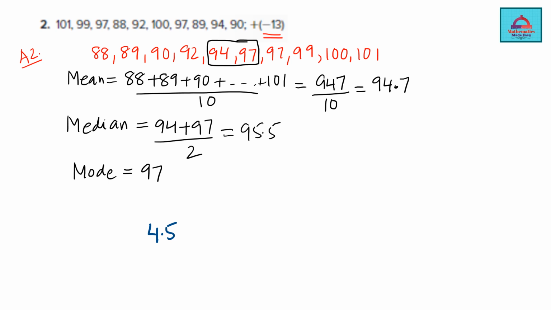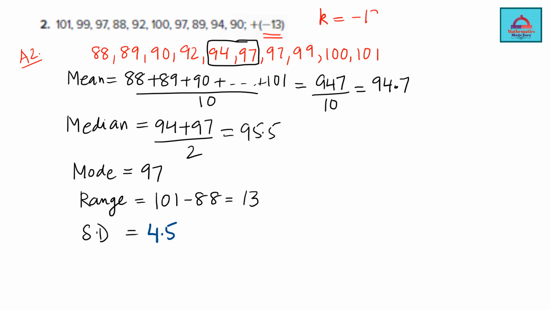Similarly, you can get your range and standard deviation. So this is going to be, range is 101 minus 88, which is going to be 13. And you can similarly calculate the standard deviation using the formula. Now comes the important part of the question, where you have to add the value of k.